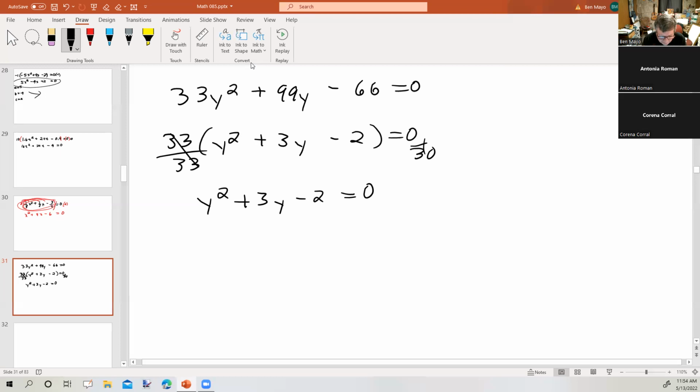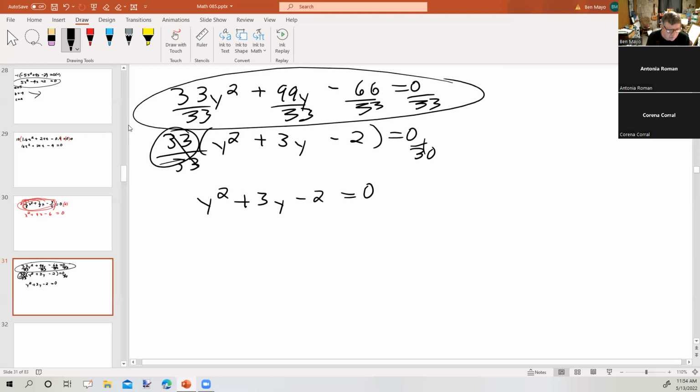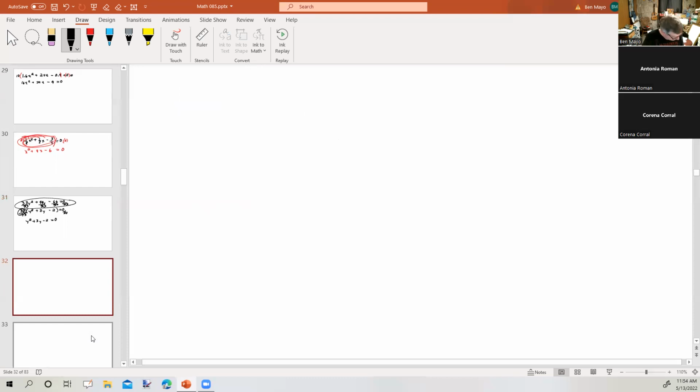Oh, I was saying, do we divide the 33 in between all of them? You could do this. I'm just using the techniques we learned in chapter 6 and taking out the greatest common factor and then dividing it out. But you could do it this way as well. Okay. Thank you. All right. Anything else? No, thank you.